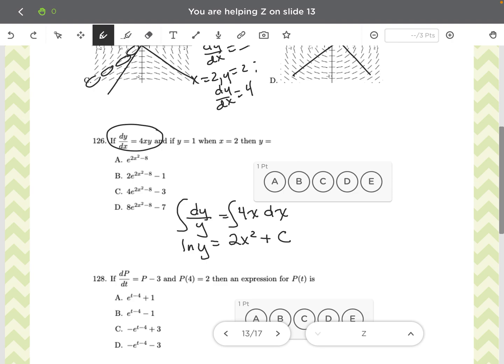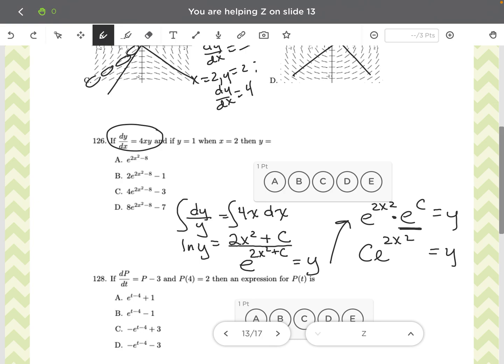Okay, we're going to rewrite this as an exponential. So e to the 2x squared plus c, make sure all of this becomes your exponent, is equal to y. And if you remember, using properties of exponents, this e to the c is just really another number. So we want to be able to simplify it to this. If you want to go straight from here to here, that would be fine.